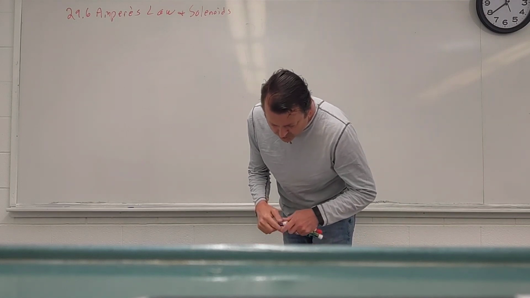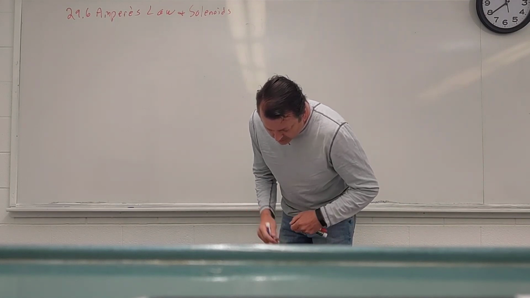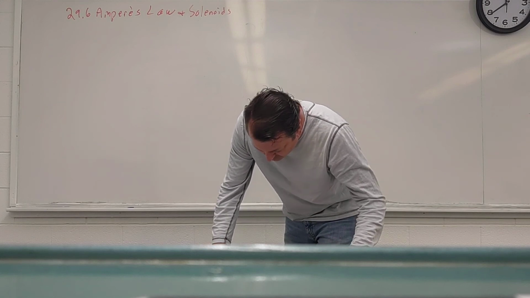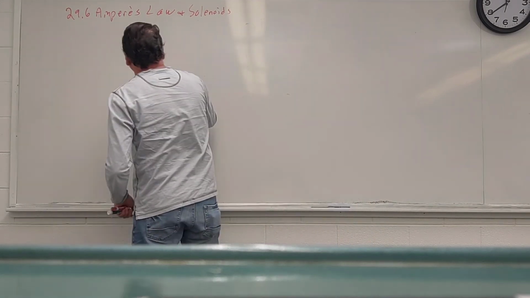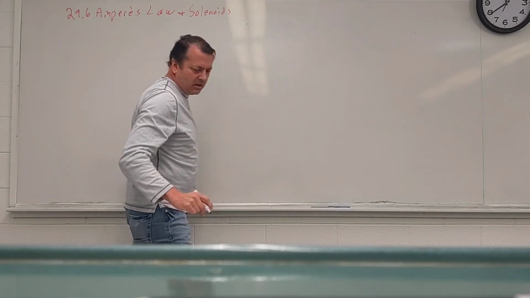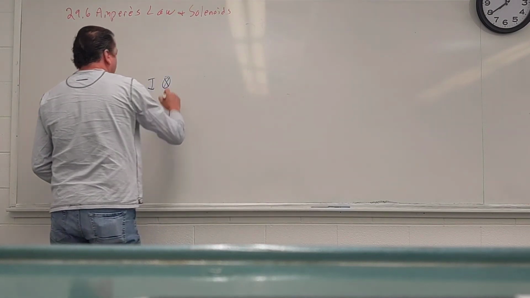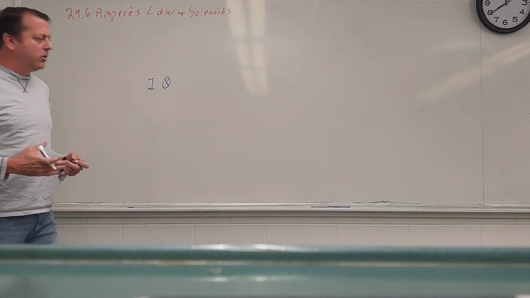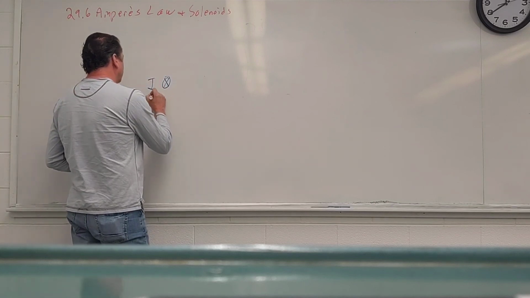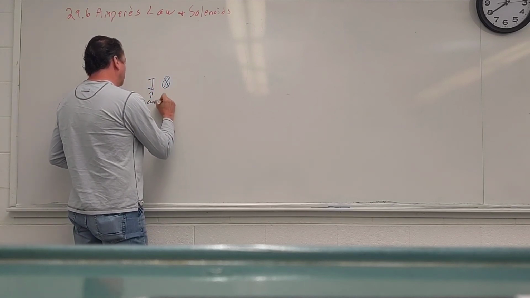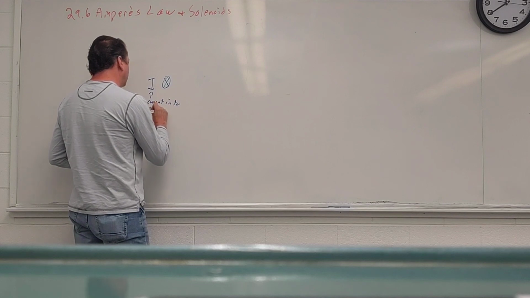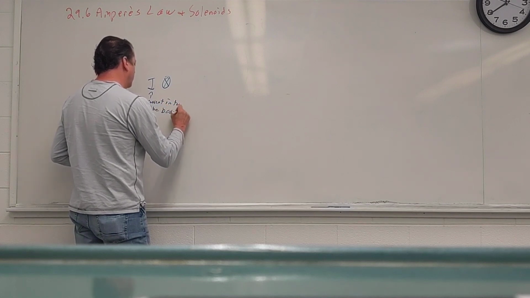So let's look at Ampere's law. Here we've got some current. Since it's an X, that's the tail of an arrow, so the current is into the board.